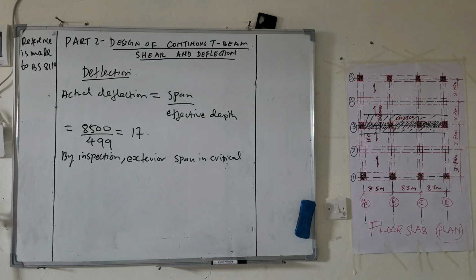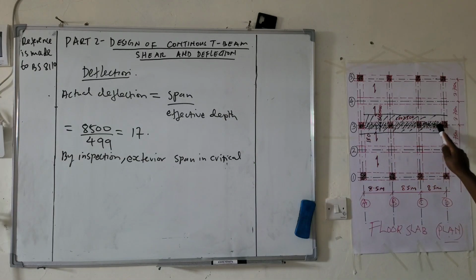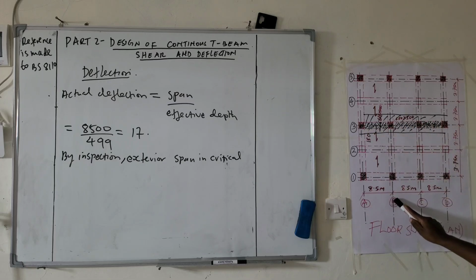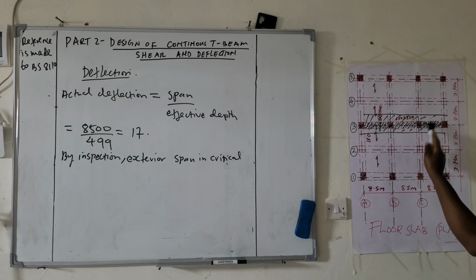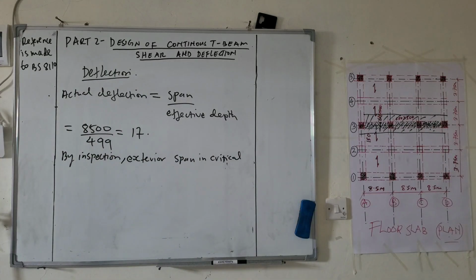So these are the exterior span, this one, this and this. This one is the interior. So this and this, 3AB and 3CD. These two, they are very important or critical when it comes to deflection. So these are the reason there is no moment resistance at the free end, so sagging is more pronounced, increasing deflection.